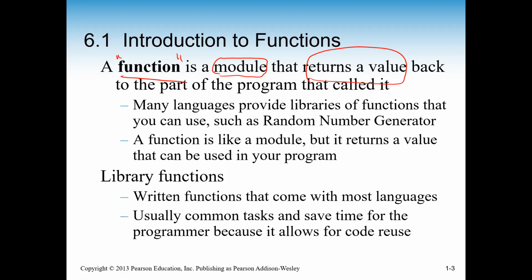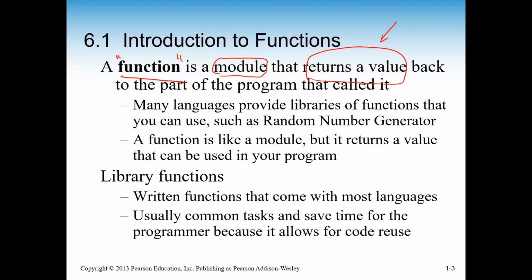So defining a function in Python is pretty much the same as defining a module, with the difference that the function will have this last statement where you can return a value. A function is a module that returns a value back to the part of the program that called it.